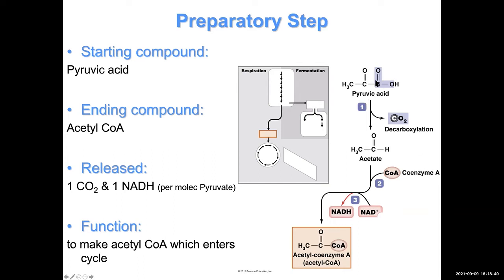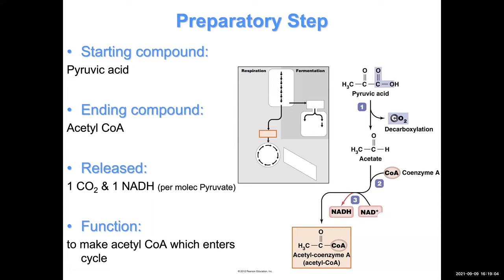So we start with our pyruvic acid. We have a decarboxylation reaction occurring. We have this acetate bind to a coenzyme A, and in the process, what do we release? What do we generate? Acetyl-CoA.